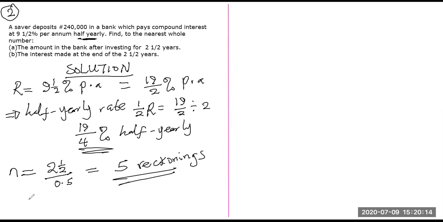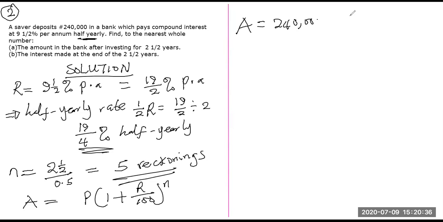And of course, from our formula, A is equal to what? P into 1 plus R over 100, raised to power N. So when you now substitute, what is your A? Your A is equal to 240,000 into 1 plus our R, which is now 19 over 400 because of the fraction, before we come down and multiply the 100, raised to power 5.